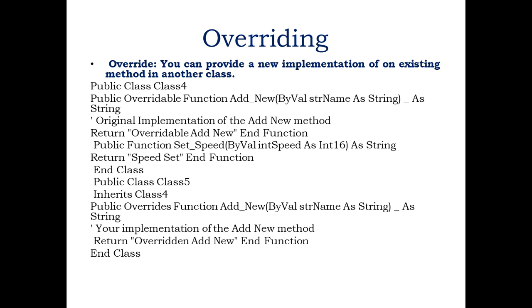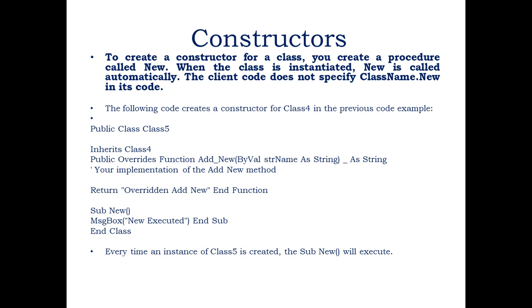The next is SetSpeed, with its own implementation. Then Public Class 5, inheriting Class 4, has a function for AddNew, giving a new implementation of the AddNew method. Here it is overridden from the existing Class 4.